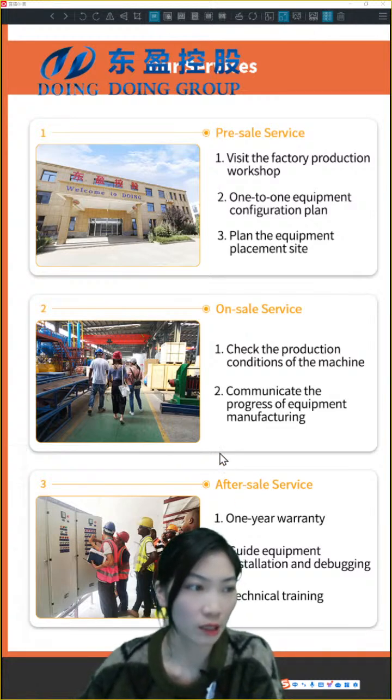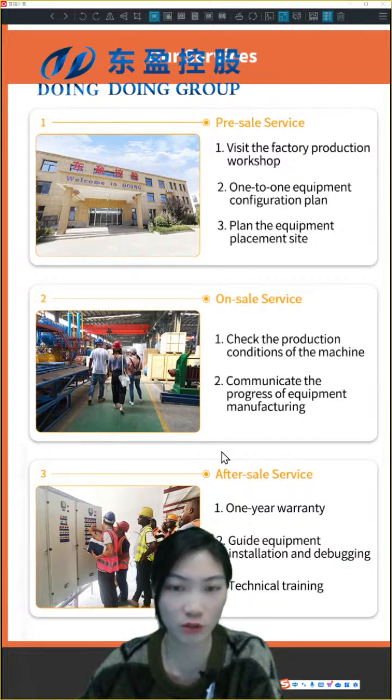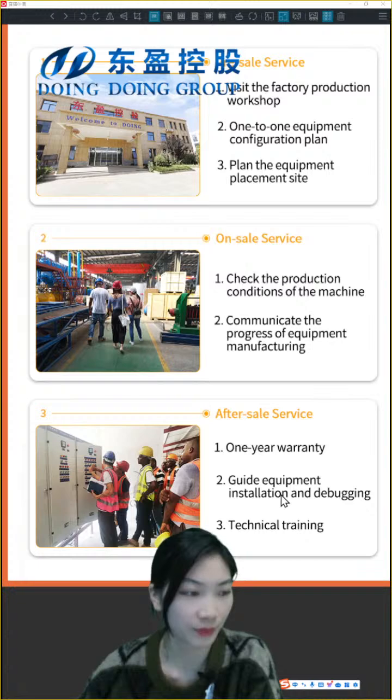Normally, some of our customers come to our factory to inspect the machine. But some of them just trust us. If you don't have time to come, we will help you with a video call or take some videos or photos. Online checking, online inspection, that's okay. It depends on your requirement.